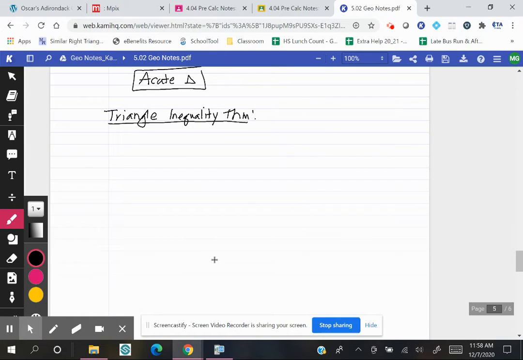The triangle inequality theorem states that the sum of any two sides of a triangle is greater than the length of the third side.